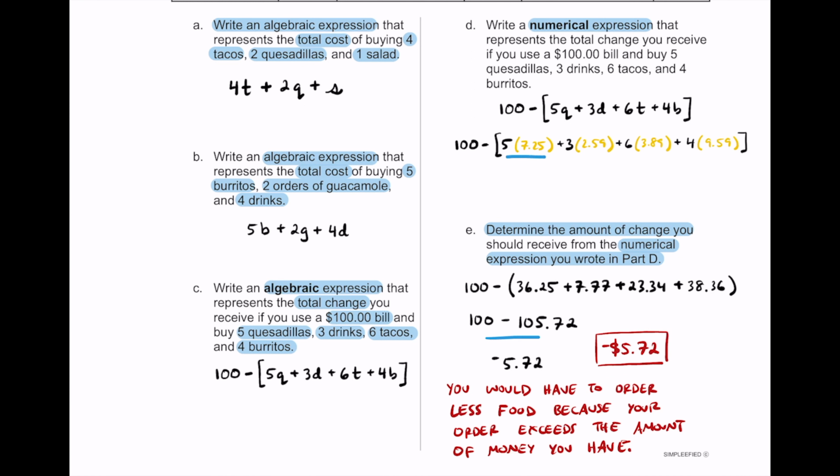So while this answer doesn't get you something realistic because it goes over, this does happen sometimes in real life, right? Where you end up realizing that you don't have enough money for something, so you just have to put something back, or you have to order less of something. So what would be the change? Well, the answer technically here would be negative 5.72, which means that you went $5.72 over budget.